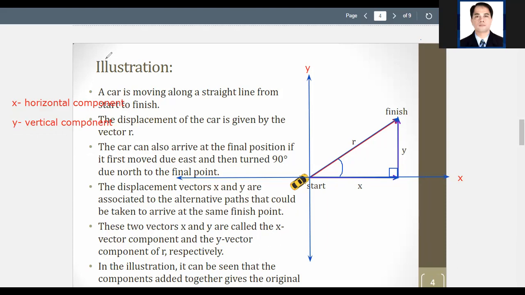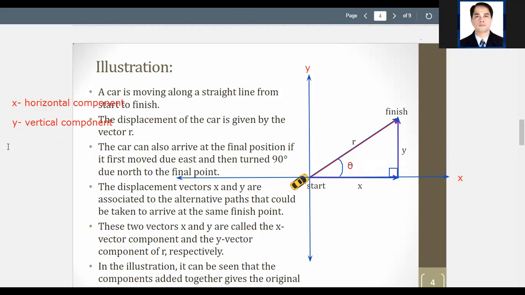This angle in our trigonometry, we can call a reference angle. A reference angle is always measured from the x-axis.